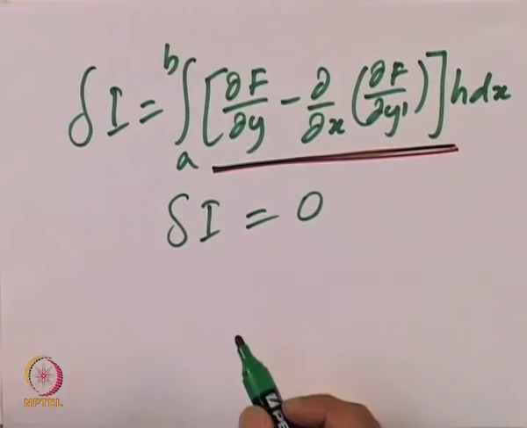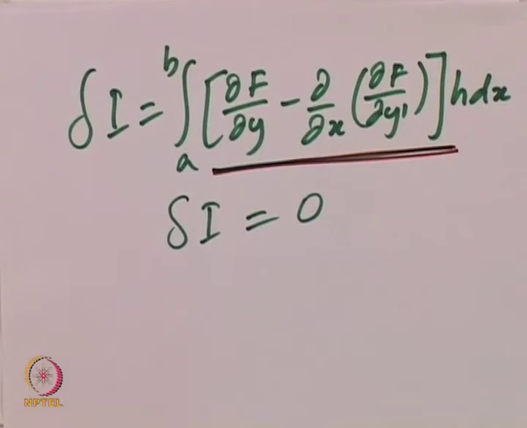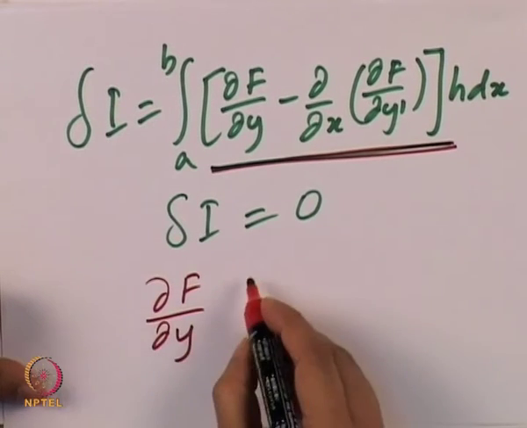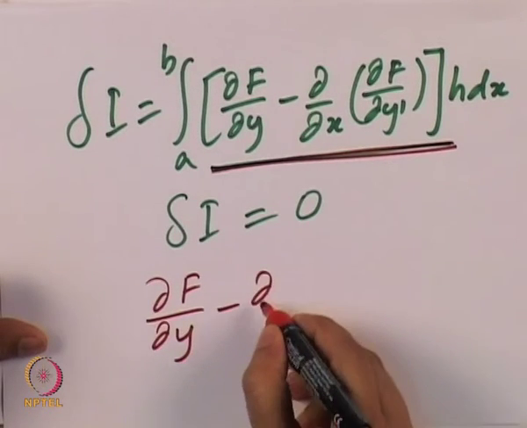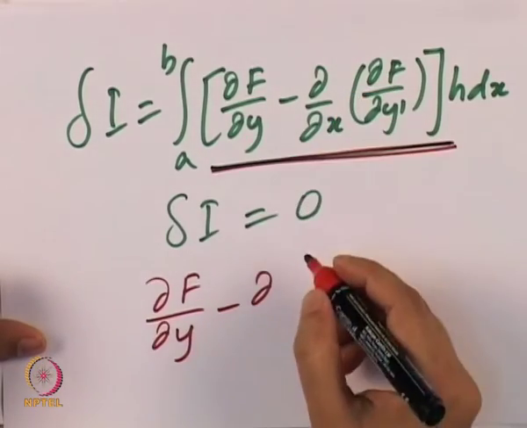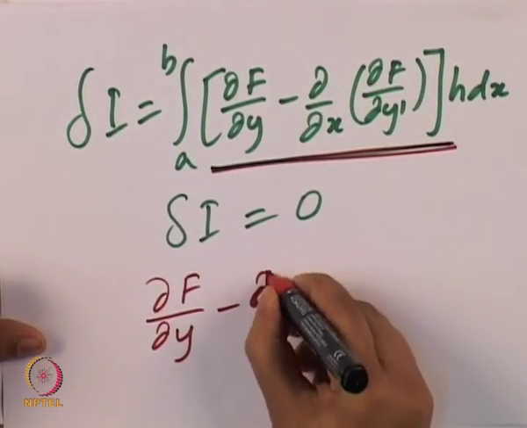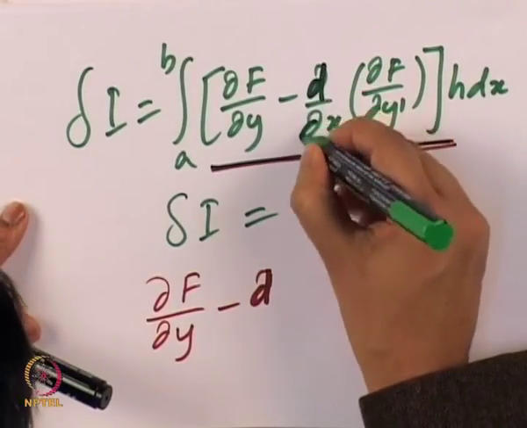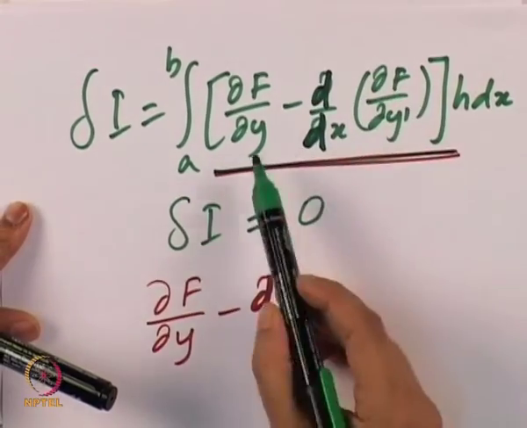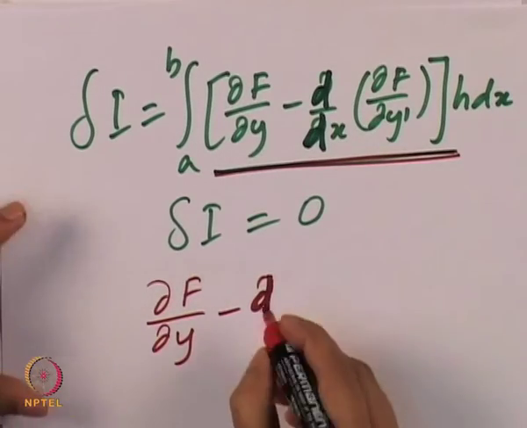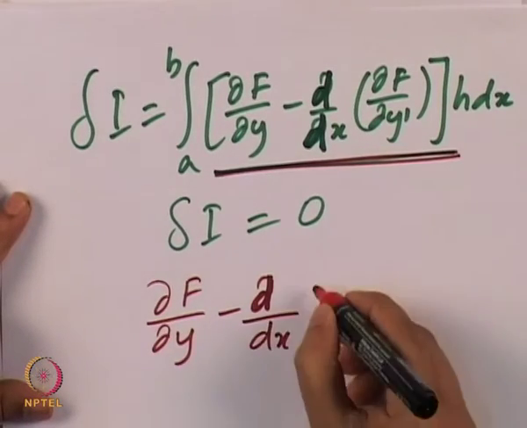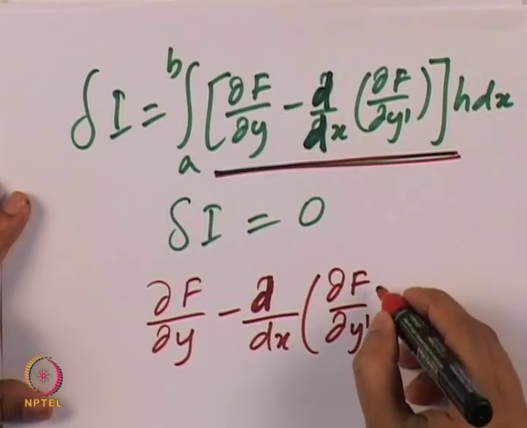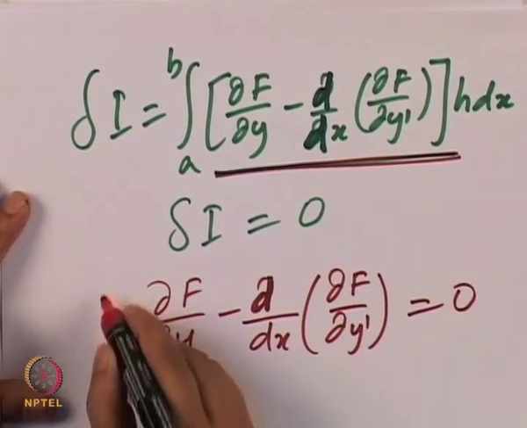In other words, we have the partial differentiation with respect to y minus d by dx, and be careful that this is the partial differentiation, but the other is a standard differentiation, is equal to 0.